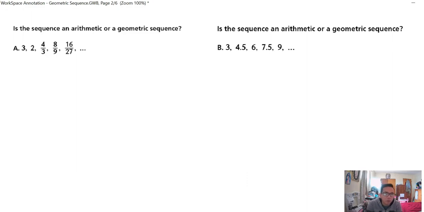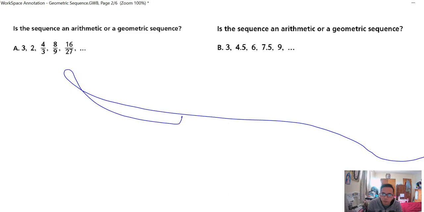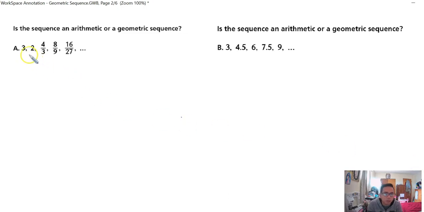All right, so let's take a look at this. I'm going to get my second term here and then divide it by the first term, or the previous term. So I have to divide 2 divided by 3, that is equal to 2/3.